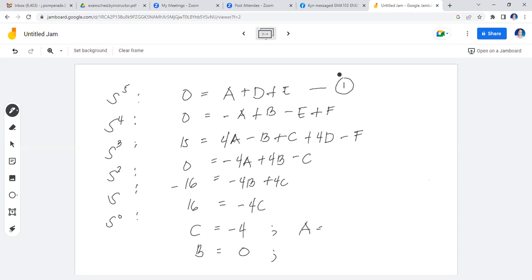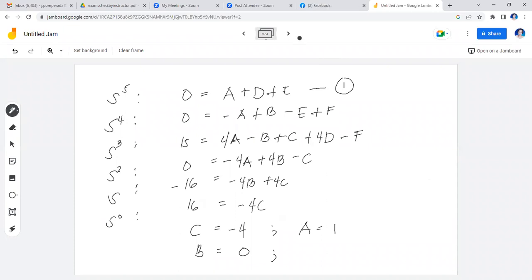If B is 0 and C is negative 4, so 4A is negative 1. Here, 0. So negative 4, that would be positive. Oh, negative 4 for C, so positive 4, transfer it here negative. Oh, it's positive 1, not negative 1. So we have 1.